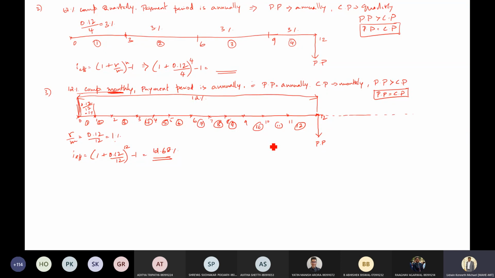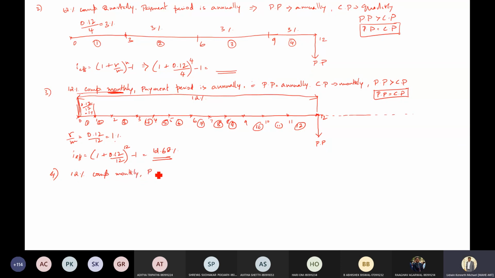So far we discussed the cases where the compounding period and the payment period were the same. Now we'll see where the payment period and the compounding period are different. So this is the case where, okay, 12% compounded monthly, I'll take the same.